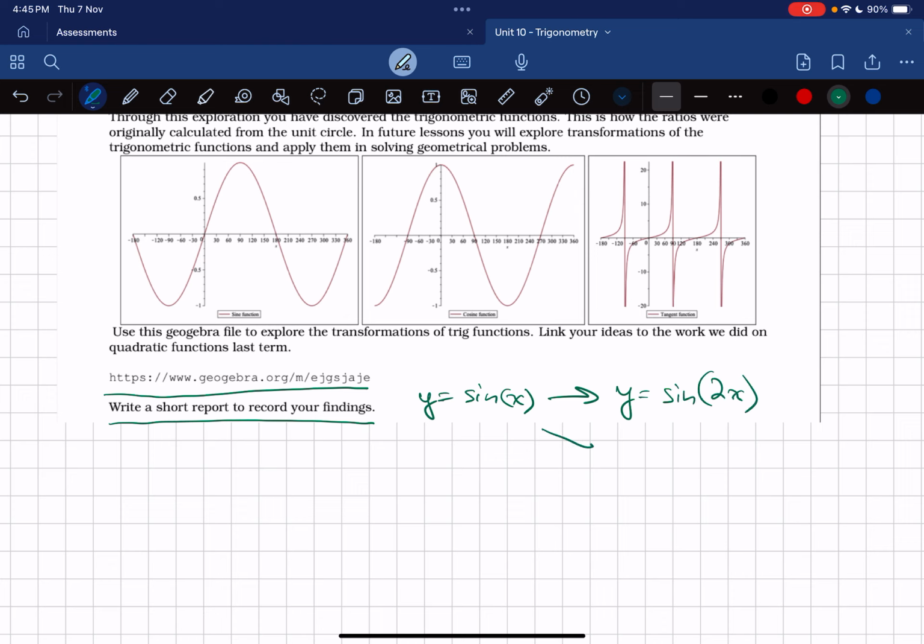What happens? Or if I transform that to y equals 2 sine of x, what happens to that sine graph? Okay, so those are the types of discussions I want to see in those short reports of our findings, okay? So pause the video, have a play on the GeoGebra link, and we'll resume in a bit.